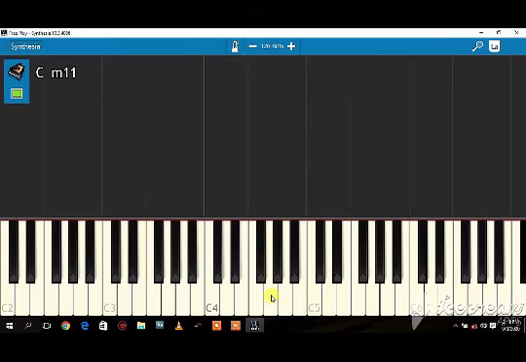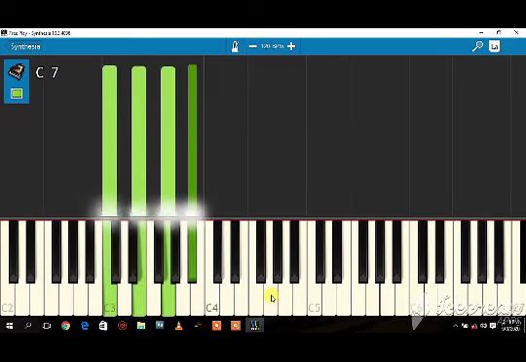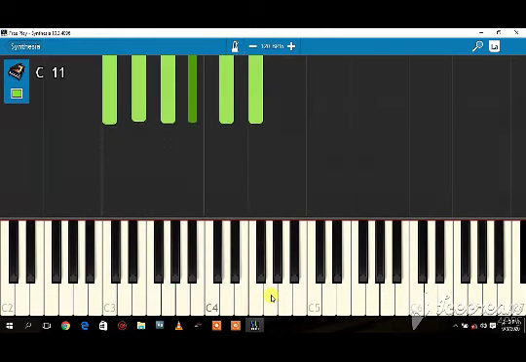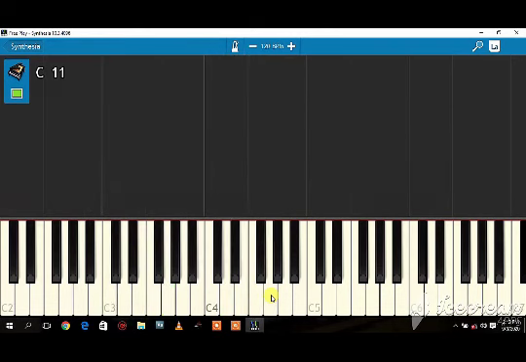So 1, 3, 5, flat 7, that's your dominant chord, 9 and 11. So this is your C11 chord. Beautiful sound. That's C dominant 11, right?